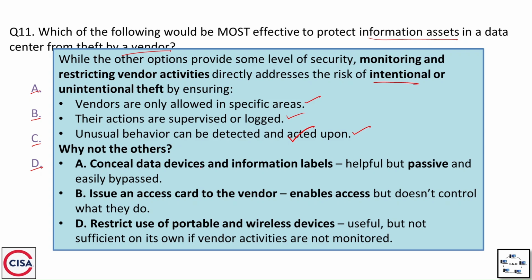Option A, conceal data devices and information labels, is helpful but passive and easily bypassed. Option B, issue an access card to the vendor, enables access but does not control what they do. And option D, restrict use of portable and wireless devices, is useful but not sufficient on its own if vendor activities are not monitored.